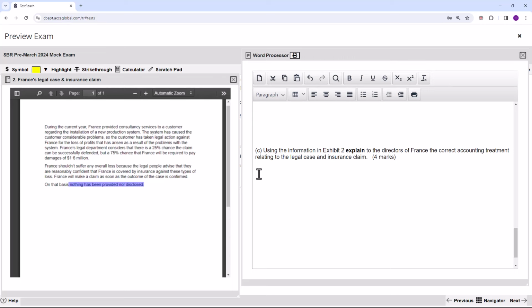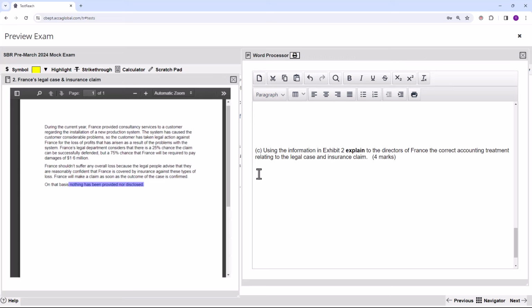You don't get marks for being a parrot. I know it's IAS 37. You probably know it's IAS 37. No marks. A provision is a liability of uncertain timing or amount. In order for it to be recognised, all three conditions must be met.